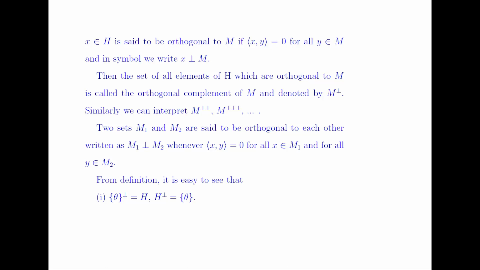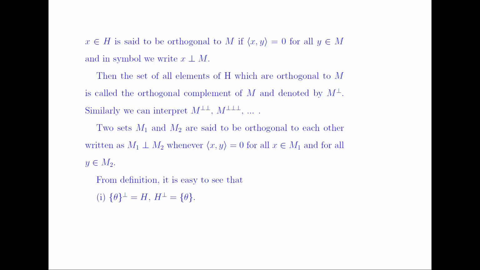So two sets M1 and M2 are said to be orthogonal to each other, written as M1 is perpendicular to M2, whenever the inner product of X comma Y is equal to 0 for X belonging to M1 and Y belonging to M2.